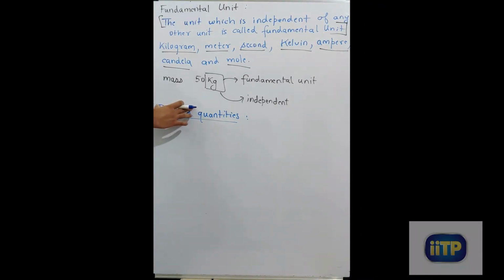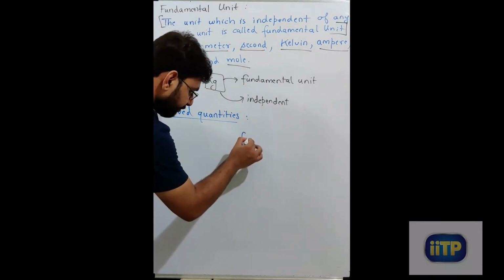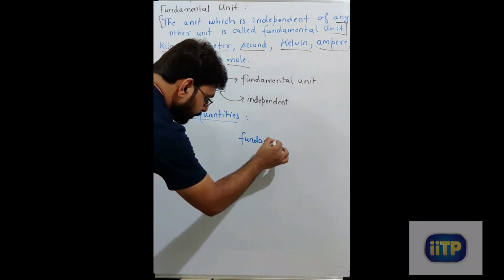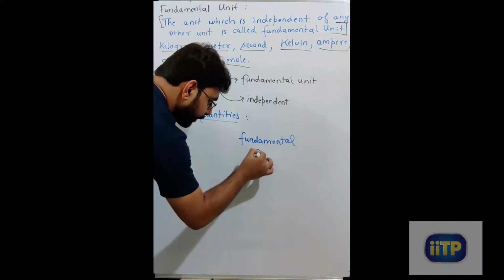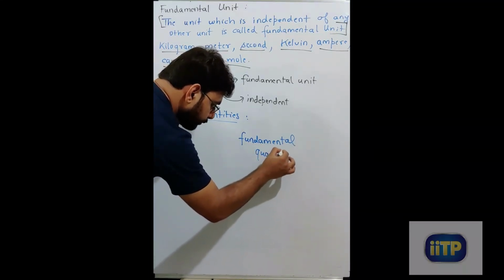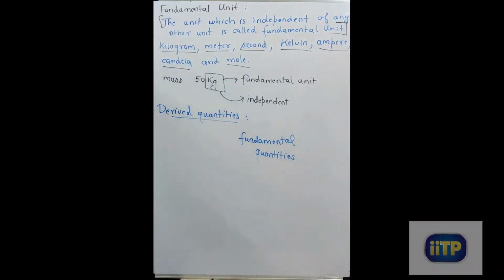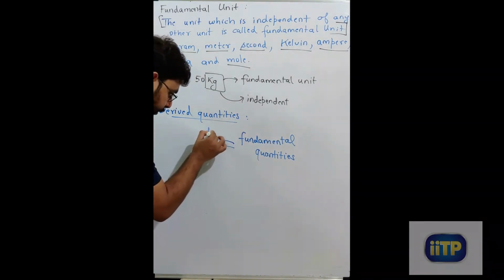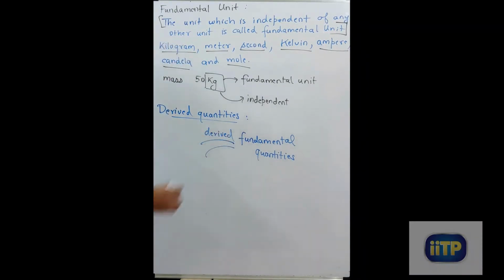Derived is nothing but using some other thing we have obtained the particular quantity. So the physical quantity which is derived from fundamental quantities, let's say we have some fundamental quantities, and from those fundamental quantities we have derived some physical quantity.